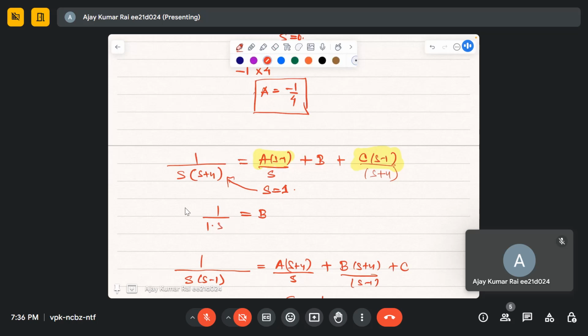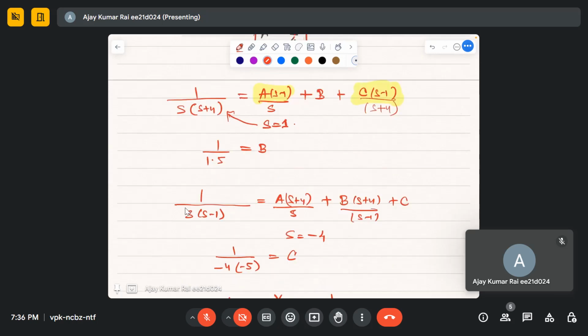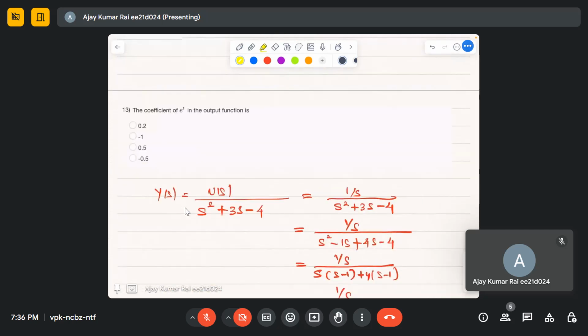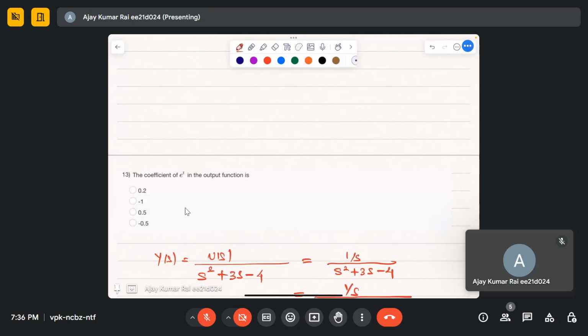Sorry, this is 5. So 1 into 5, so this is 5, 1 by 5. So 1 by 5 is 0.2. So this is correct. 0.2.